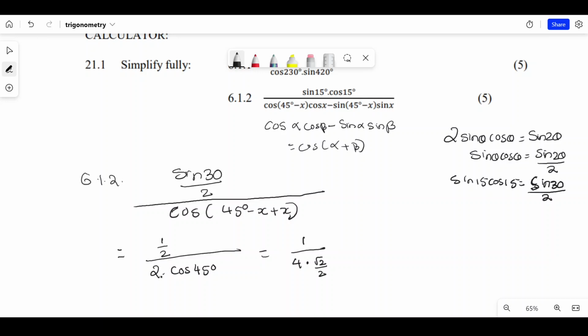This 2 also came to the denominator, so it's 1 over 4. Then cos 45 is root 2 over 2, so you can cancel here. So the final answer will be 1 over 2 root 2. That is the final answer.